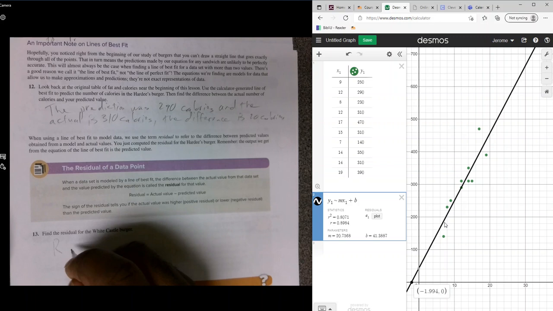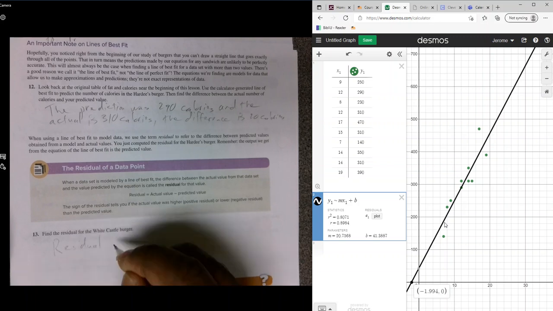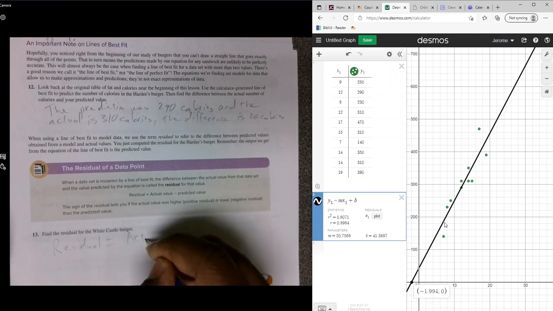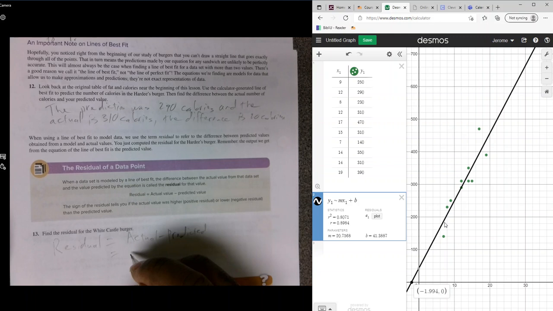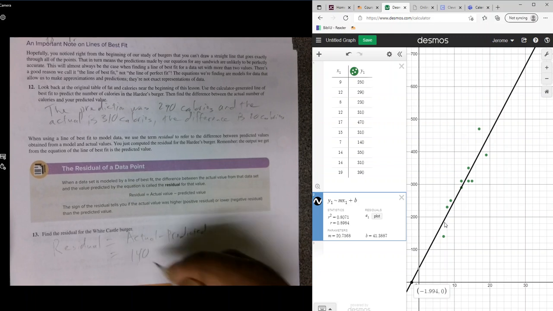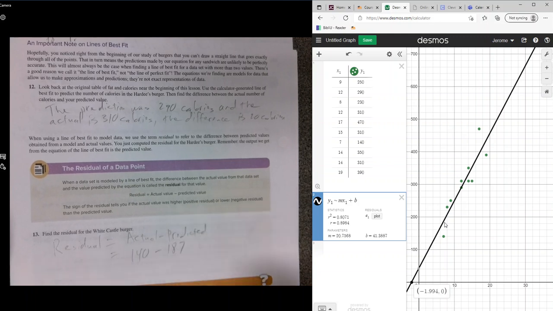The actual was 140. The predicted was 187. So it's negative 47 calories. So actually we went over about 47 calories.